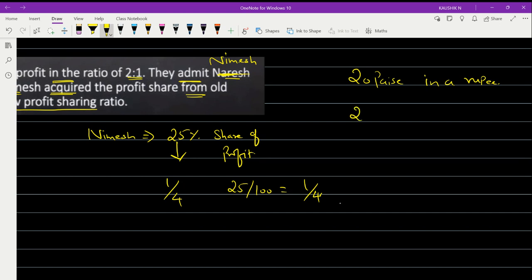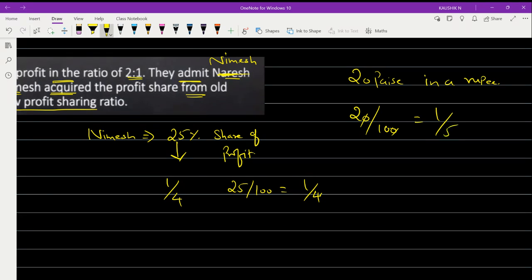That means it is 20 in a rupee. But we know that 1 rupee is equal to 100 paise. So it is 20 by 100, that is 1 by 5.